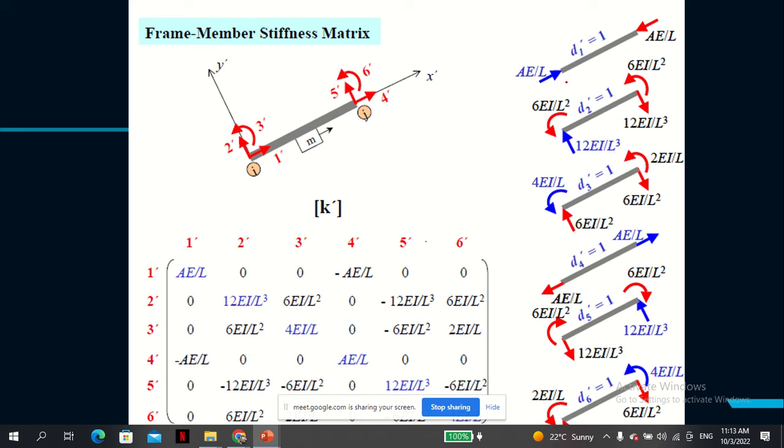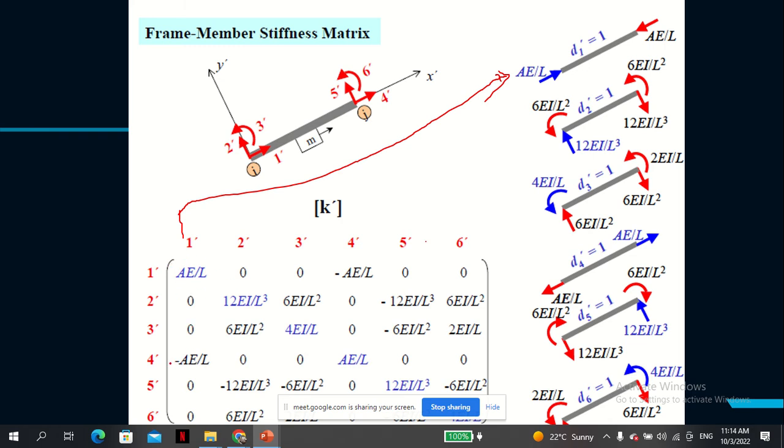In this direction, to derive the stiffness matrices, you consider all the forces that exist one at a time. When you are, for example, in column 1, you are only considering the axial force. If the force is applied axially, the resultant can only be in the axial direction. It cannot affect any other direction. For this reason, you can see the first value is AE over L. Then the rest of those values are 0.